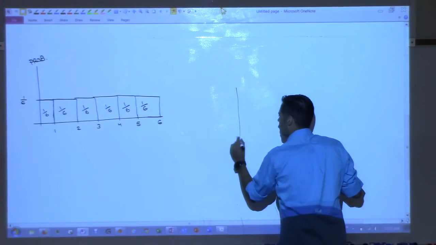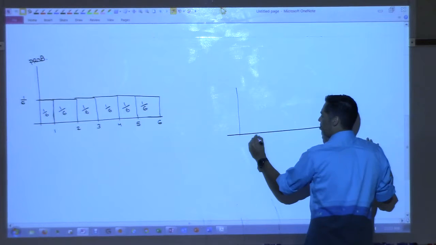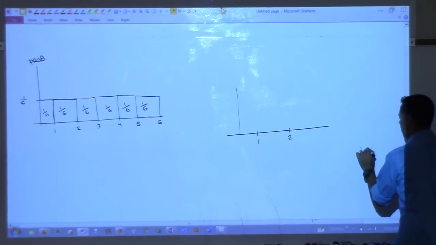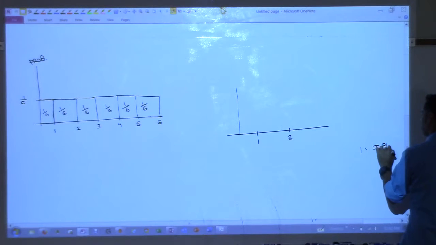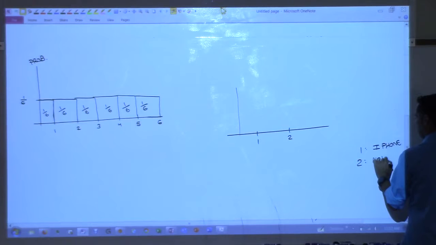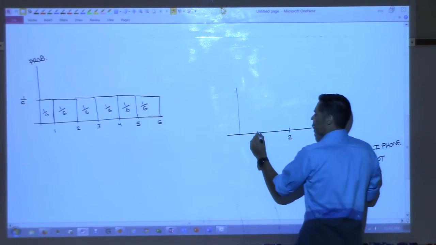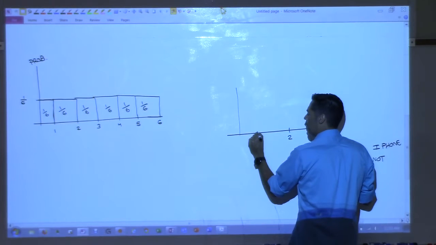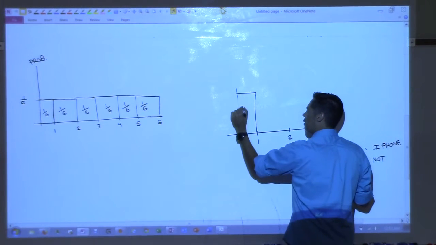So if I do it the same way, there's 2 outcomes. The first outcome and the second outcome. Let's say the first one is that you have an iPhone. The second outcome is that you don't, okay? So if you have an iPhone, we said the probability would be 22 out of 30. Right?